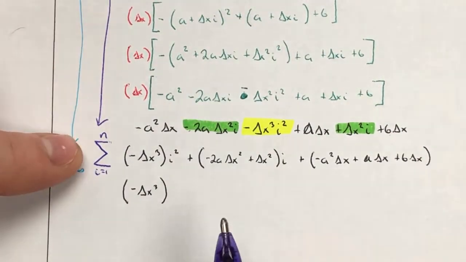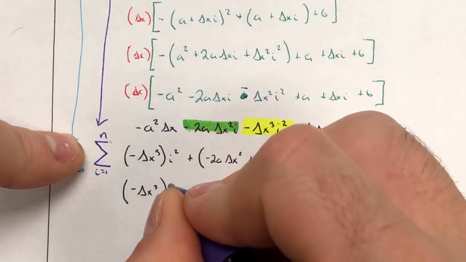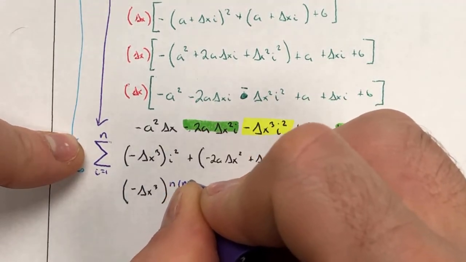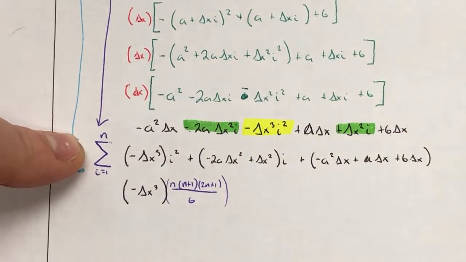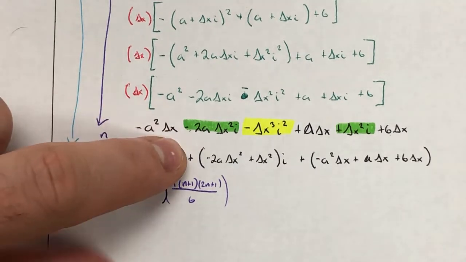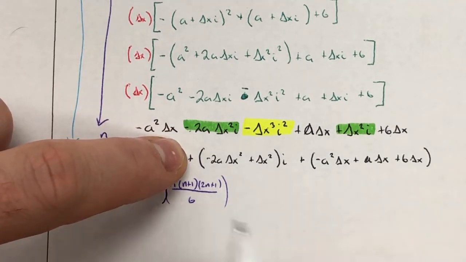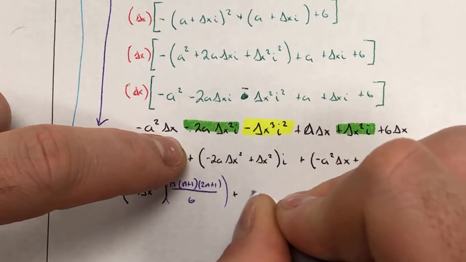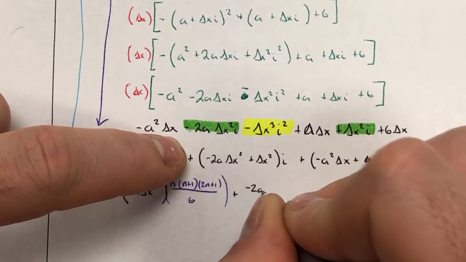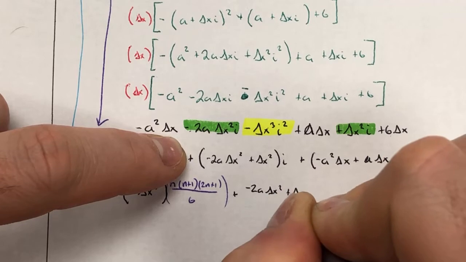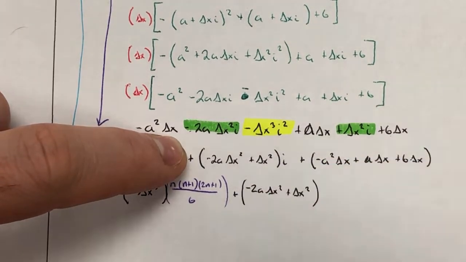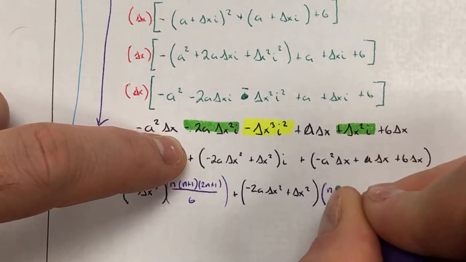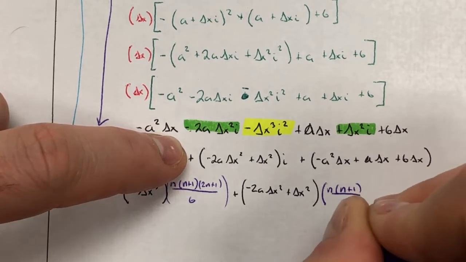Okay, let's go ahead and plug in the summation formulas. So i squared is going to be n times n plus 1 times 2n plus 1 divided by 6. For this one, I'll still have our negative 2a delta x squared plus delta x squared times the summation formula for i, which is going to be n times n plus 1 all over 2.